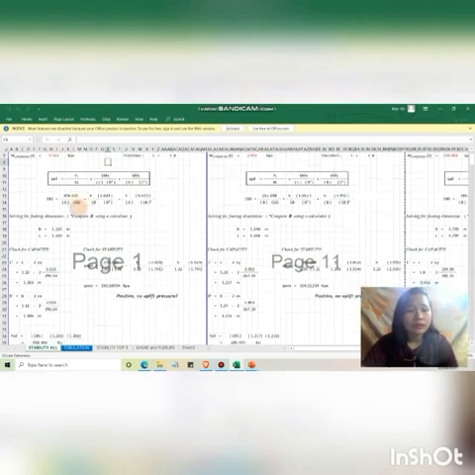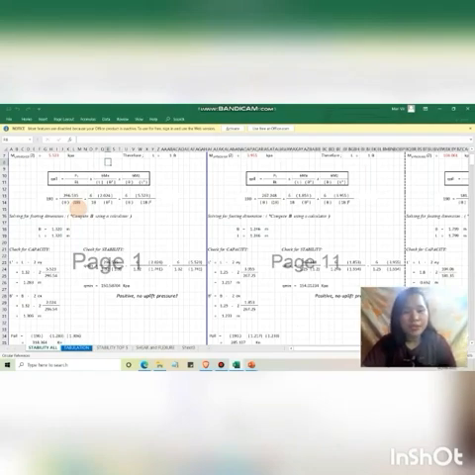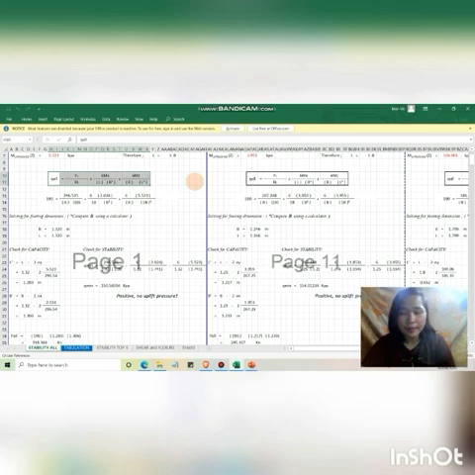Next, for solving our footing dimension, we have this formula for the allowable soil bearing capacity: Q allowable equals P total over base times length, plus 6Mx over length times base squared, plus 6Mz over base times length squared.